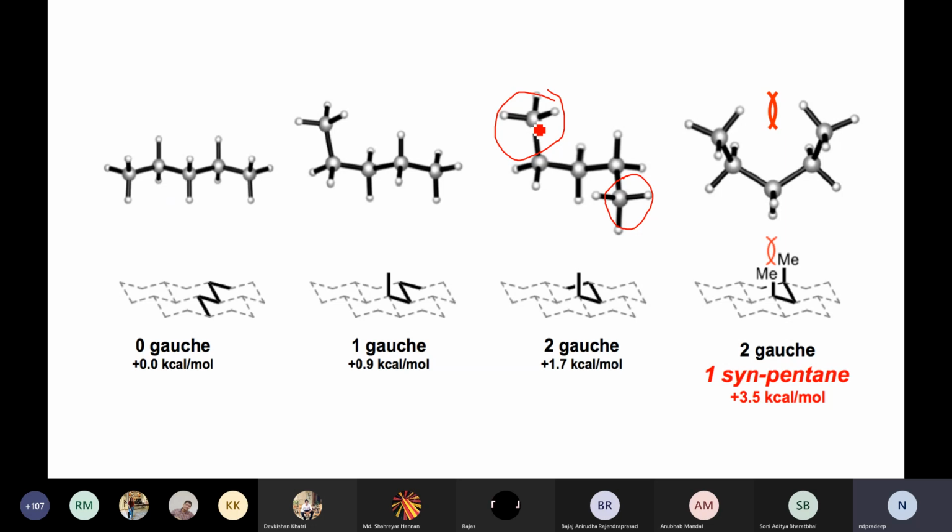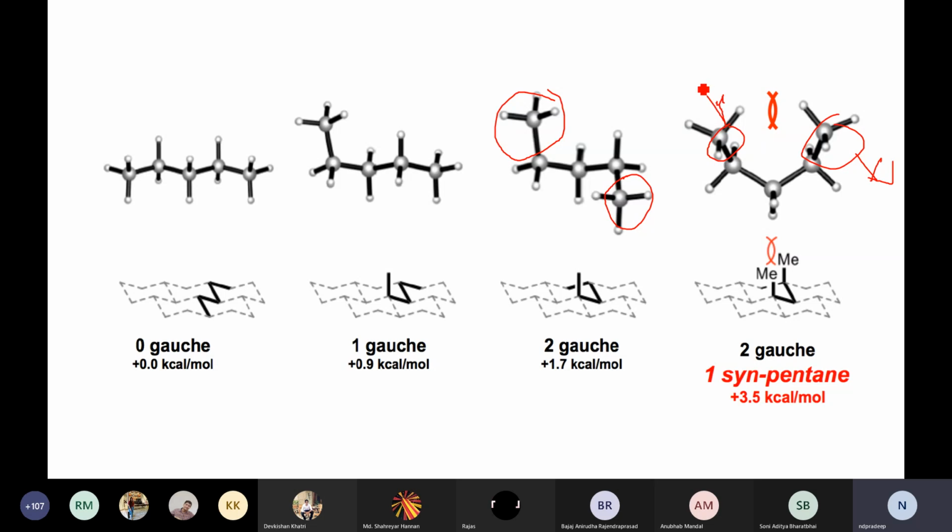But in this case it's not like that. 1-methyl will be in this direction, mostly out of plane, and this methyl will be in this direction, out of plane. That's why I call this plus or minus, nothing big.